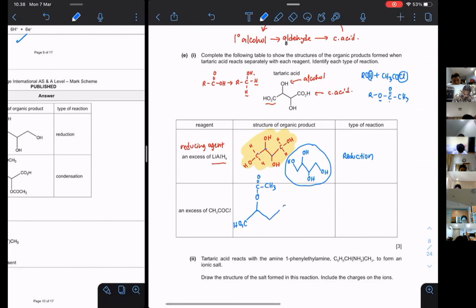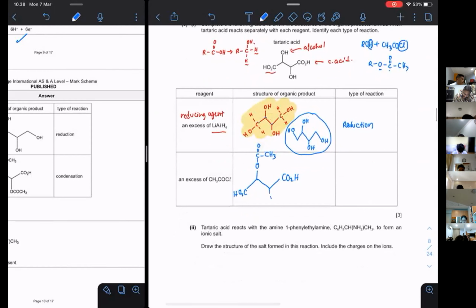This one is still CO2H, this O, again C, double bond O, CH3.